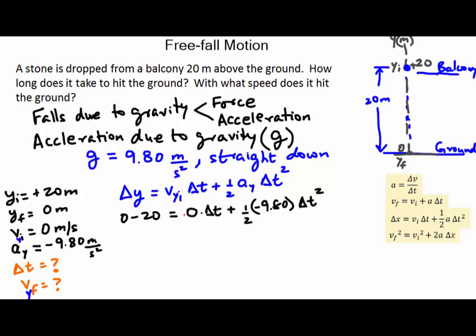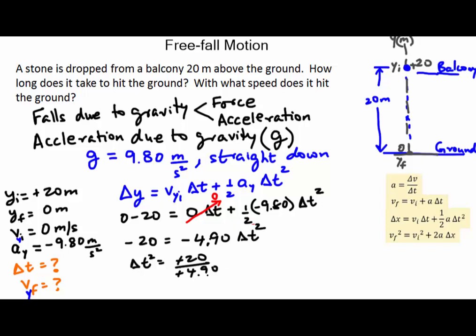So this term here goes away. 0 times any delta T will simply be 0. And so this is simply minus 20 equals minus 4.90, that's what 9.80 divided by 2 is, times delta T squared. And if I divide both sides by minus 4.90, I will get delta T squared equals minus 20 divided by minus 4.90.